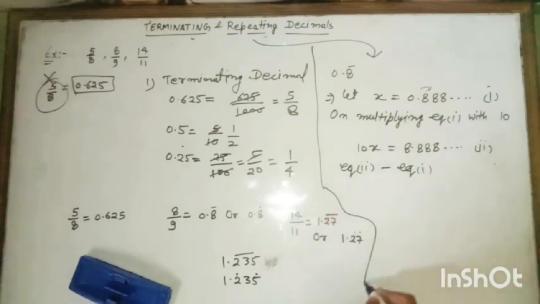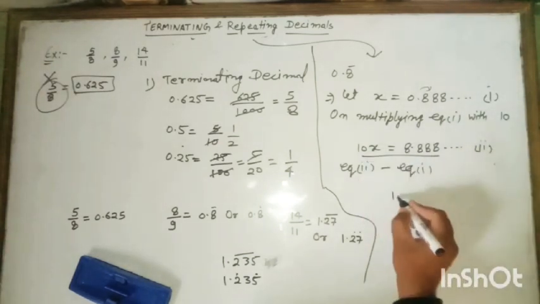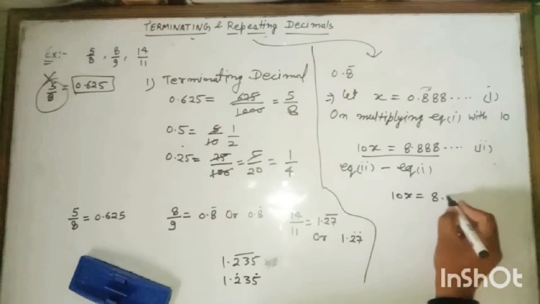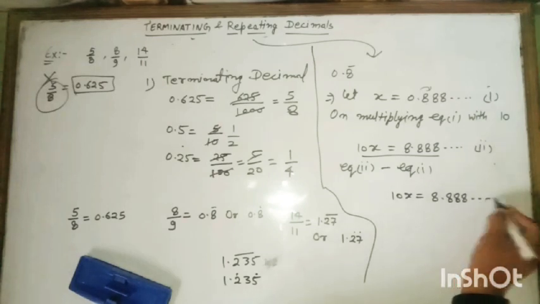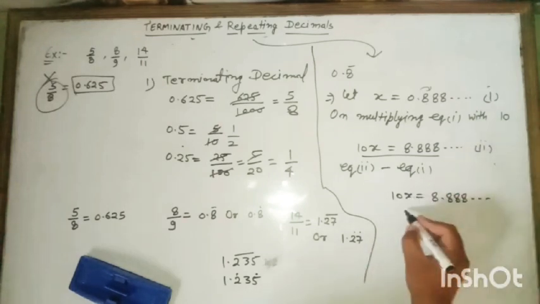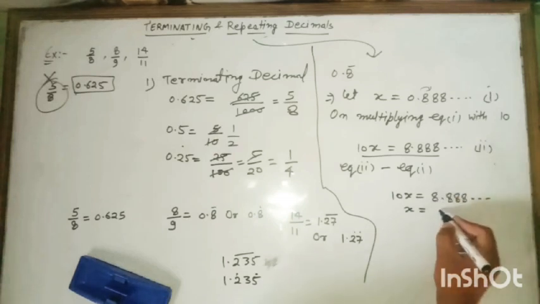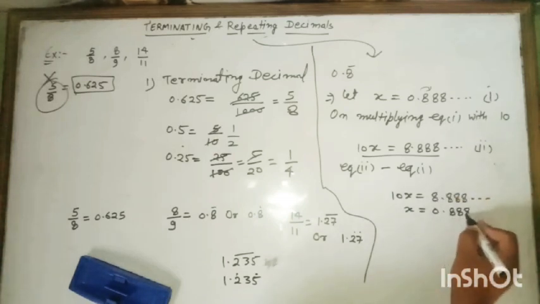Then what will be our result? You can see what is our second equation, this one. So you will write 10x is equal to 8.888 and so on, and the first equation is x is equal to 0.888 and so on.